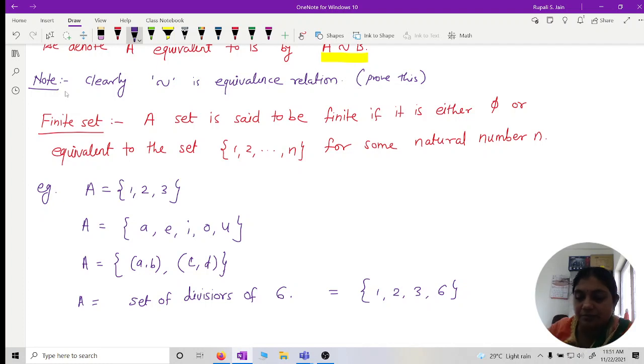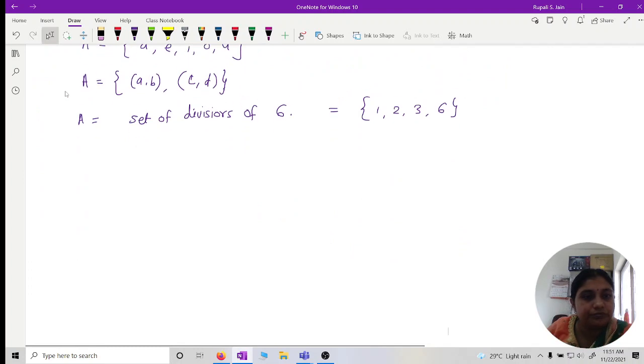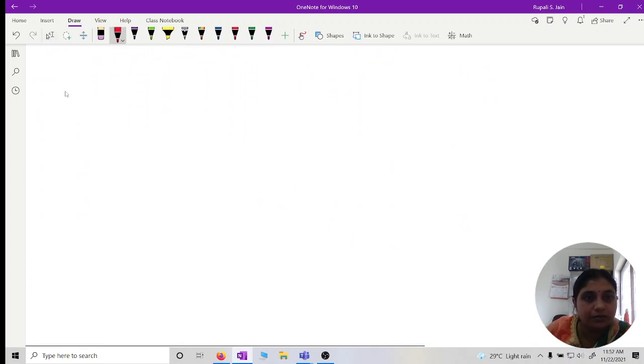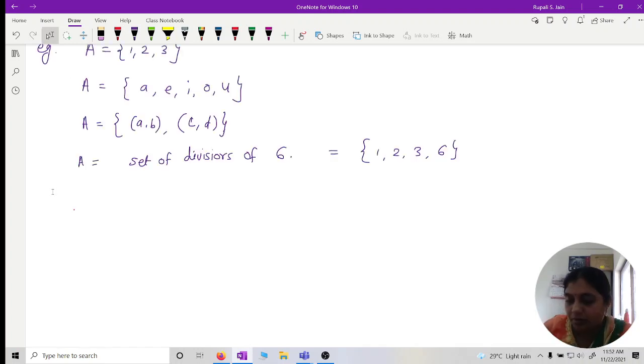Is that okay? Yes, ma'am. So now, if it is not finite, then it is said to be infinite. So next definition: infinite set. So when can I say a set is infinite?